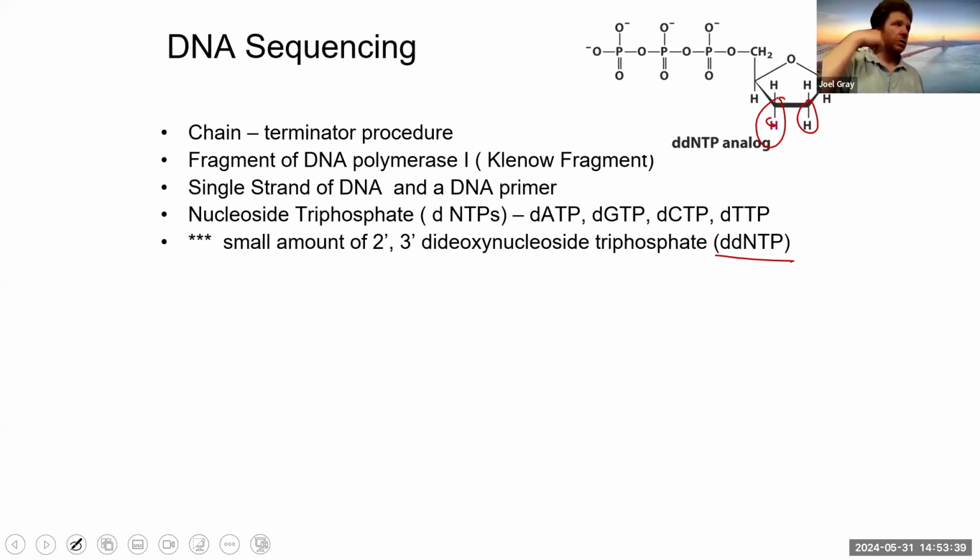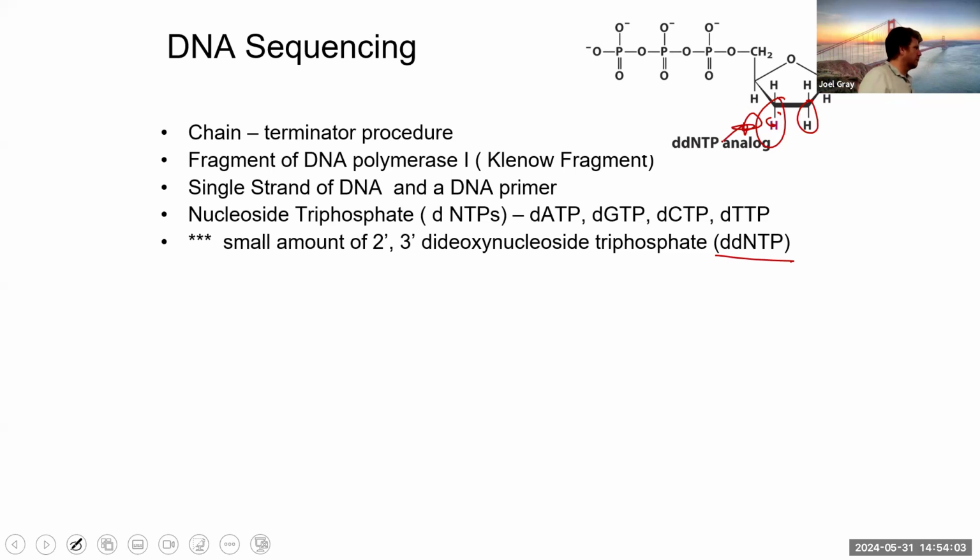Whenever you're synthesizing a piece of DNA, you need to have a hydroxyl group there so that you can elongate it. You can use that phosphorylated group to basically make a phosphodiester linkage. If you don't have an oxygen here, you cannot make a phosphodiester linkage. So that's where DNA synthesis stops.